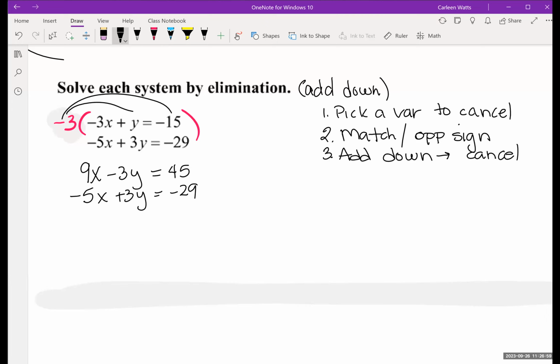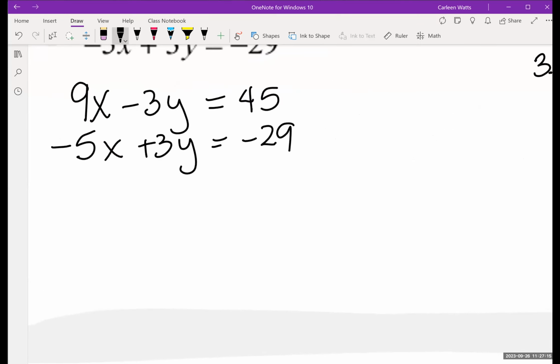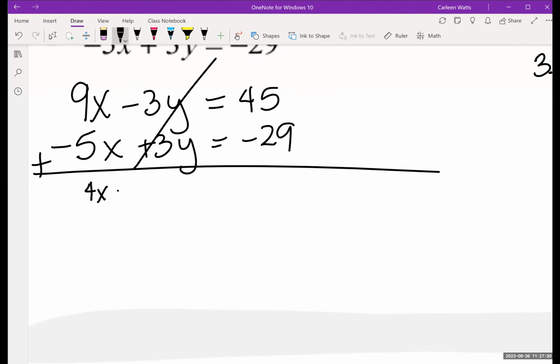Okay, my whole goal in using the elimination method is to pick a variable to cancel, make the coefficients of that variable match but opposite signs, add down to cancel. So let's check. Is this set? When I add down, will my y's cancel? Yes. 9x minus 5x is 4x. -3y and positive 3y cancel. 45 minus 29 is 16.